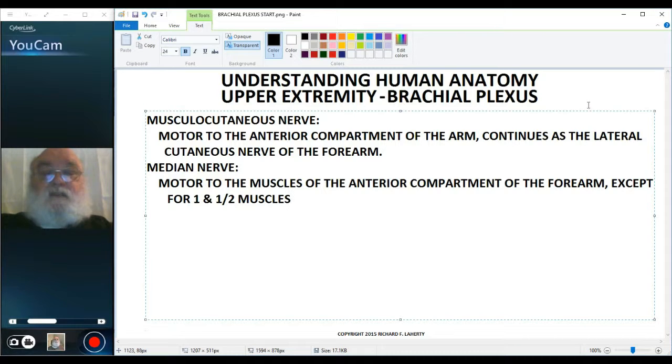And the exceptions, the one muscle is flexor carpi ulnaris, and the half muscle is the medial half of flexor digitorum profundus.